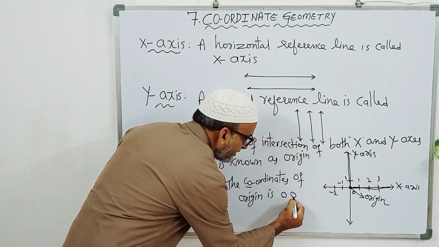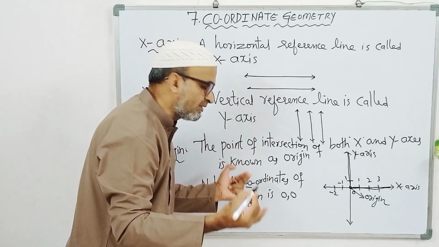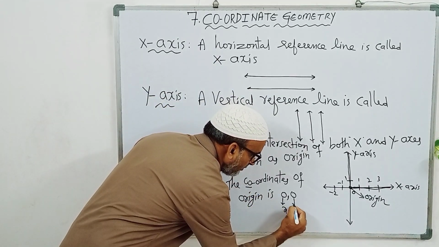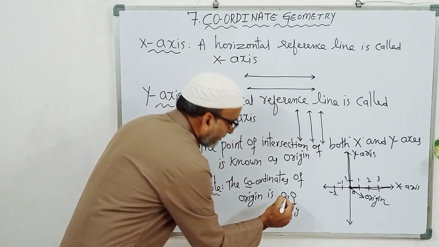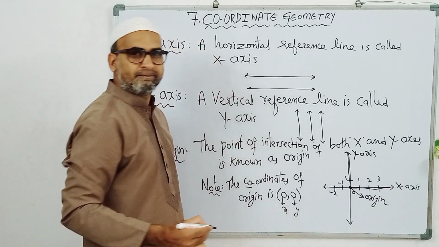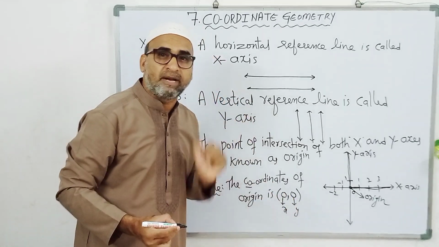If you combine these two with a comma, this is the point of x-axis, this is the point of y-axis. You separate these 2 points with a comma and close with one bracket. This type of small bracket or parenthesis bracket.